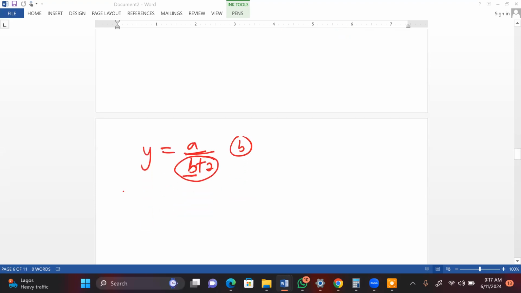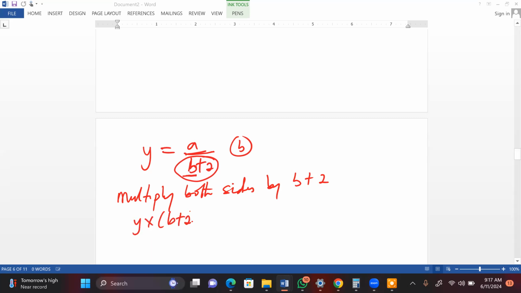Multiply both sides by B plus 2. That will be y times (B plus 2), put in brackets so I do not make a mistake, equals A over B plus 2 times B plus 2.